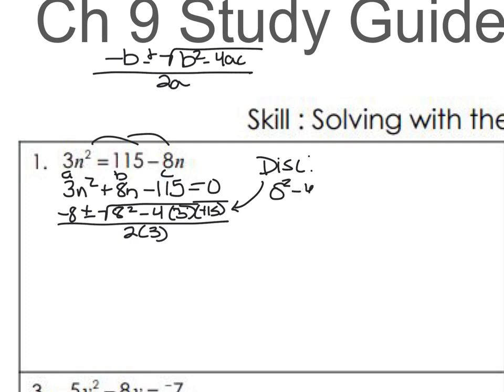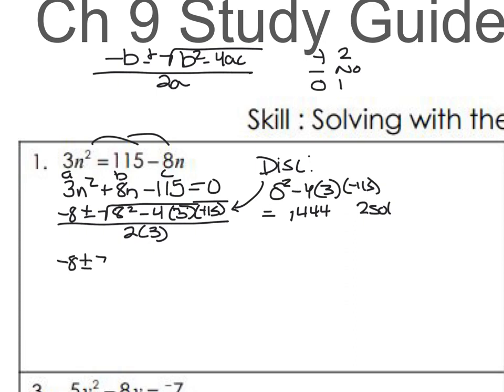8 squared minus 4 times A times C, and that's going to equal 1,444. Okay? So it's positive, so that means I've got 2 solutions. Remember, if it's positive, there's 2 solutions. Negative is no solution. And if it's equal to 0, we have 1 solution. All right, so negative 8 plus or minus square root of 1,444 over 6.